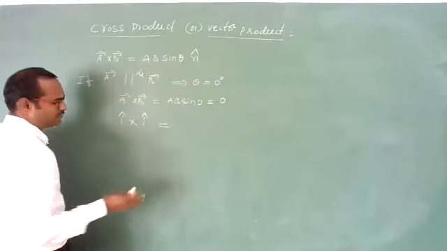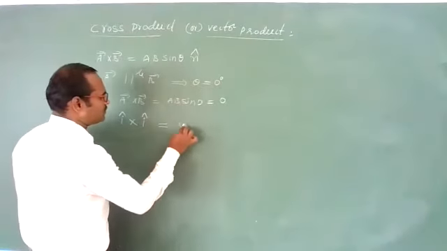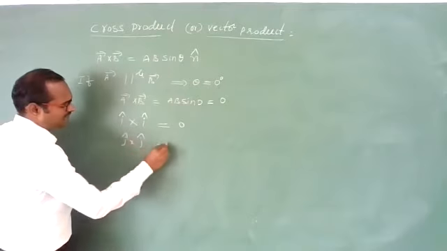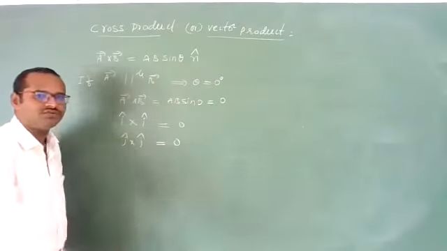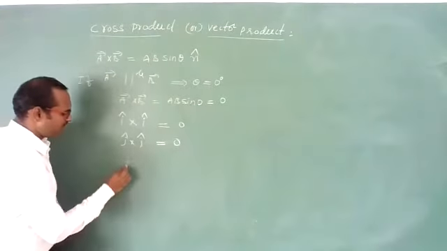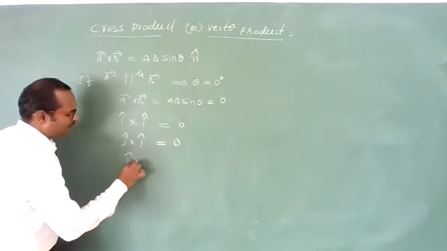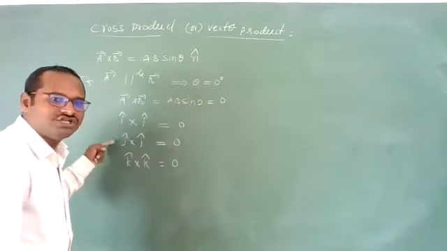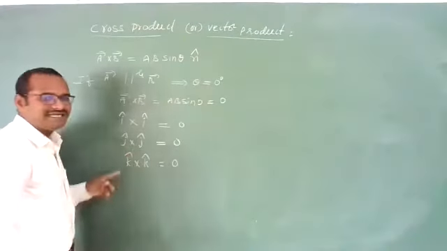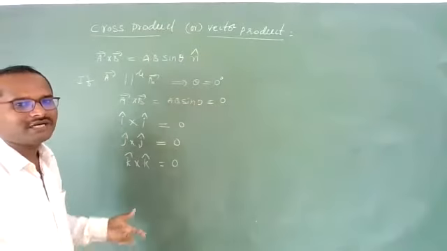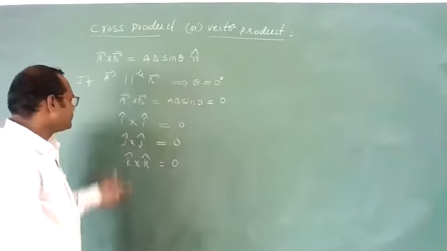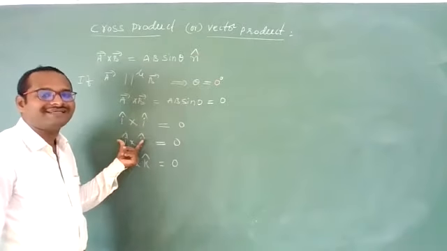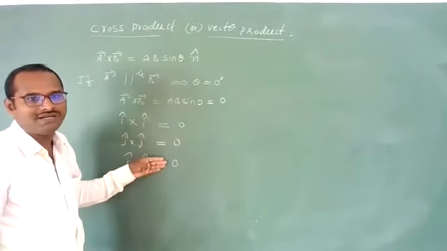Because I and I are parallel to each other, you will get 0. Similarly, J cross J, because J and J are parallel, you will get 0 again. K cap cross K cap, you will get 0 again. I is along the x-axis, J is along the y-axis, K cap is a unit vector along the z-axis. So the cross product between two parallel unit vectors is always 0.